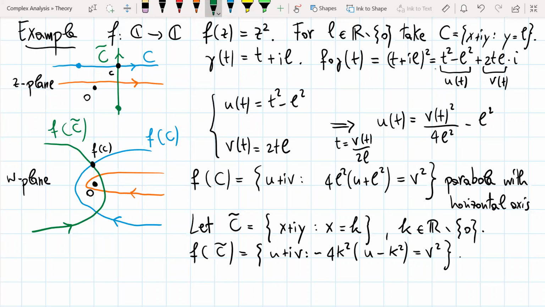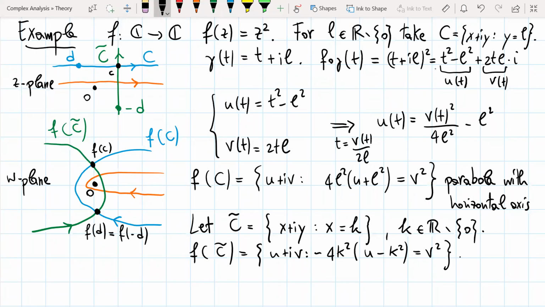More or less here in the picture, this is the point D, and this is the point minus D. And then when we take the square, they go to the same point, and this is the point here below. Now this is the point f of D equal to f of minus D.